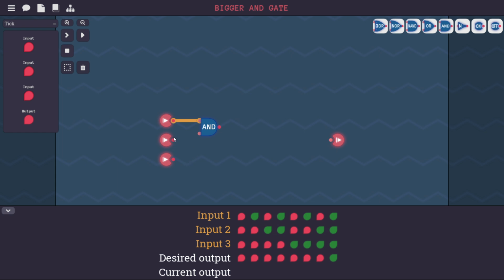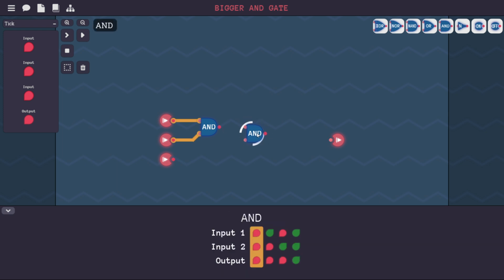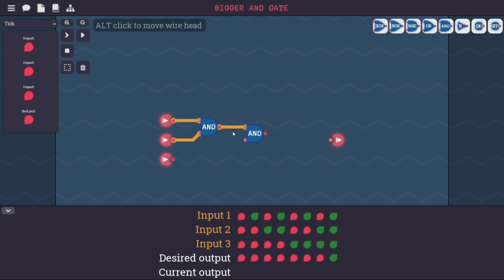Okay, let's first try to combine the same way we did the OR gate and see if it works, but I kind of doubt it does work like this.